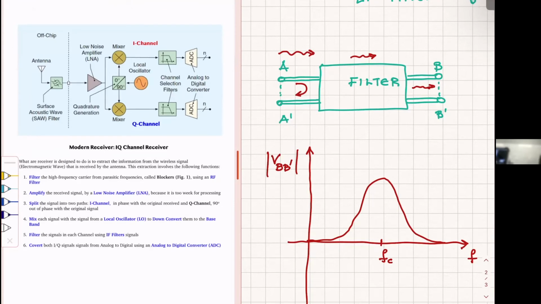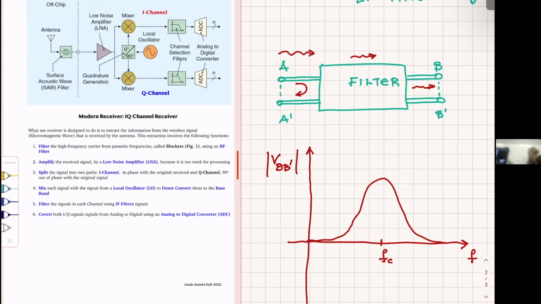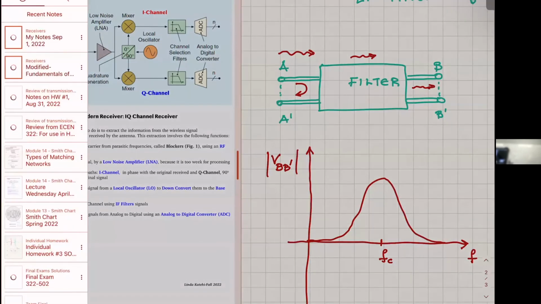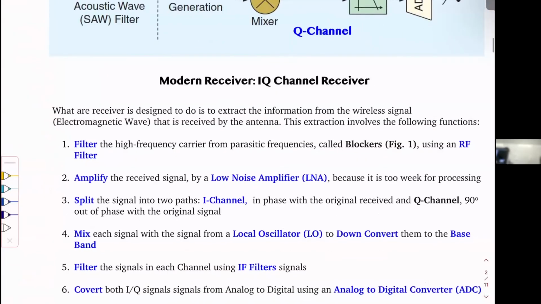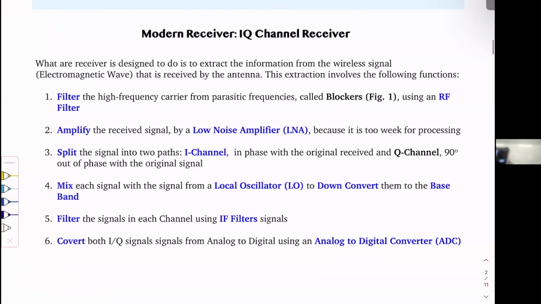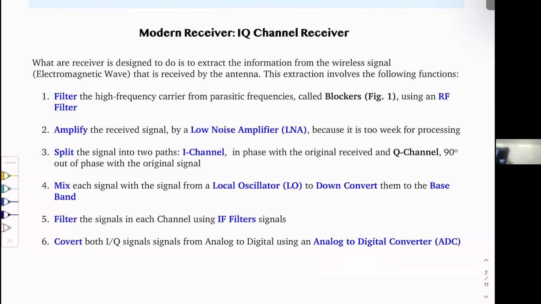Here, I wanted you to become familiar with the definitions, because we are going to use these names without necessarily redefining them. You just have to understand the importance of these components on the receiver.